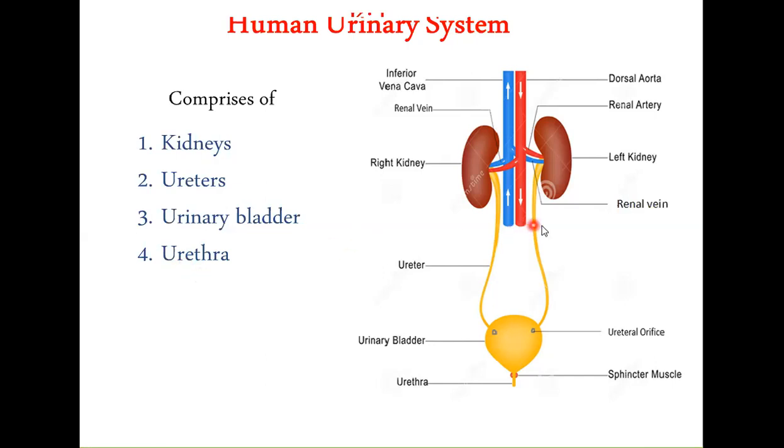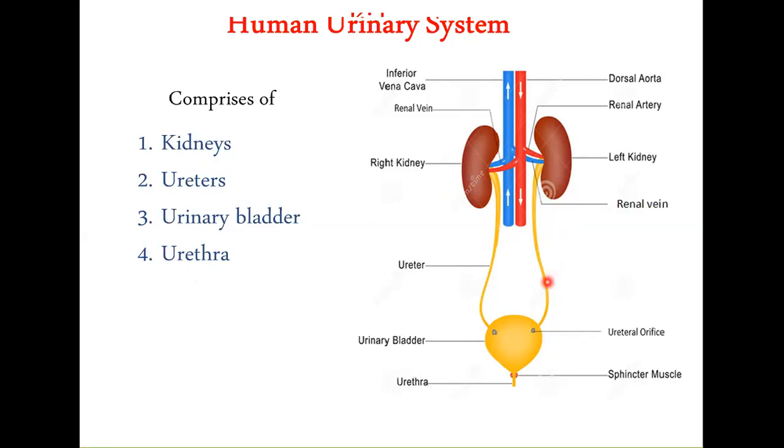We can see here in the diagram, these are two kidneys, right kidney, left kidney. From each kidney, there arises a duct called ureter.